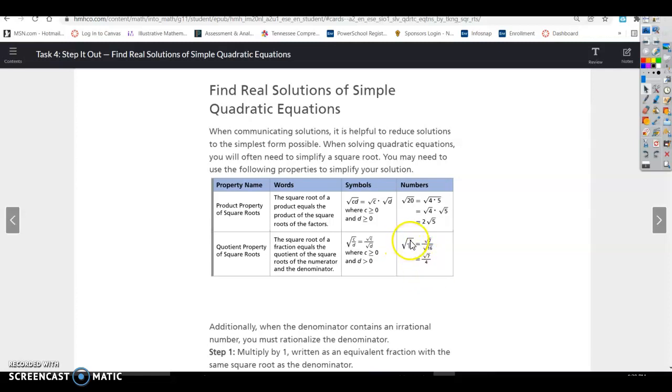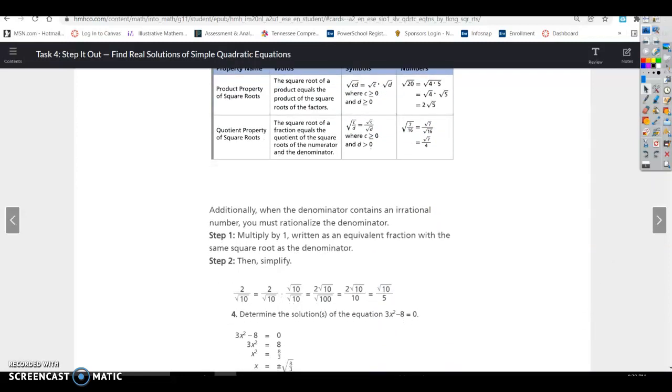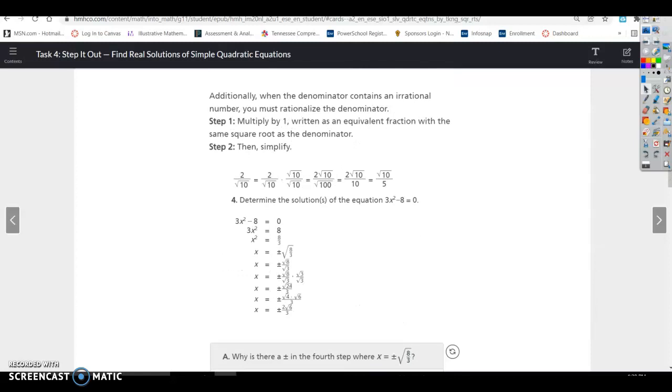So if we have the square root of 7 over 16, that equals the square root of 7 divided by the square root of 16. Since the square root of 16 equals 4, that becomes now just 4, or a rational number.